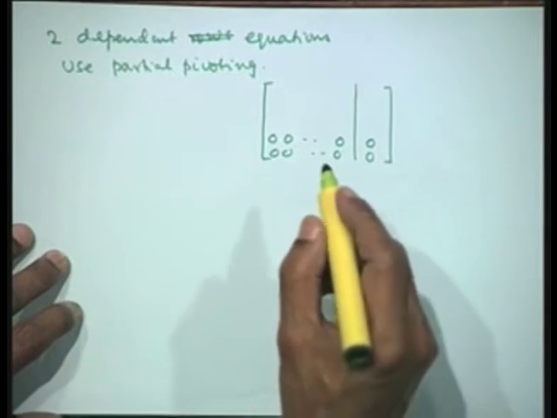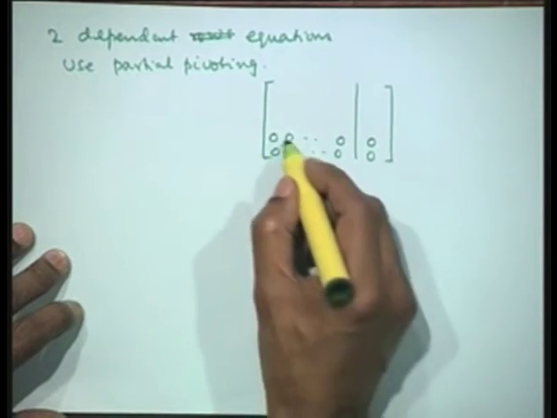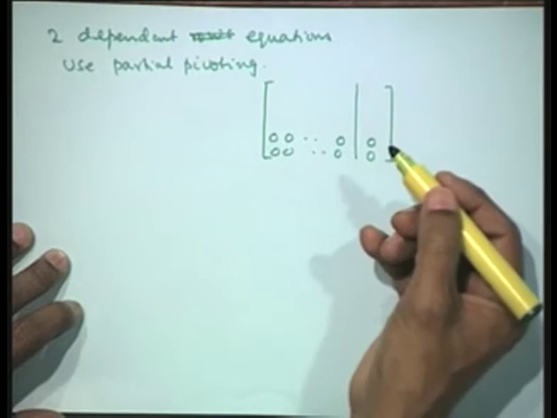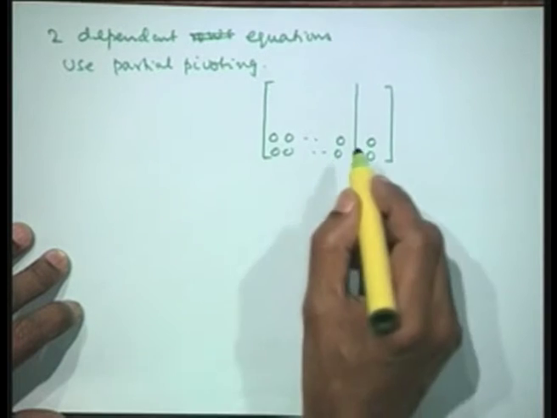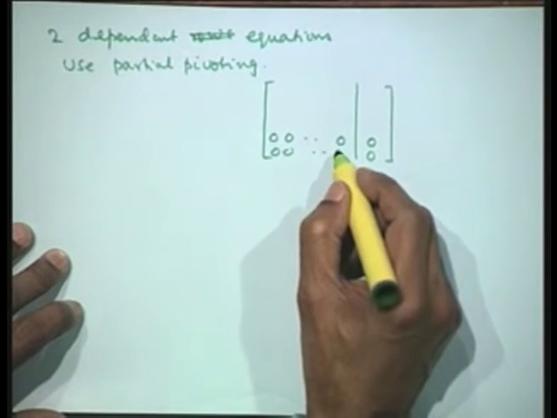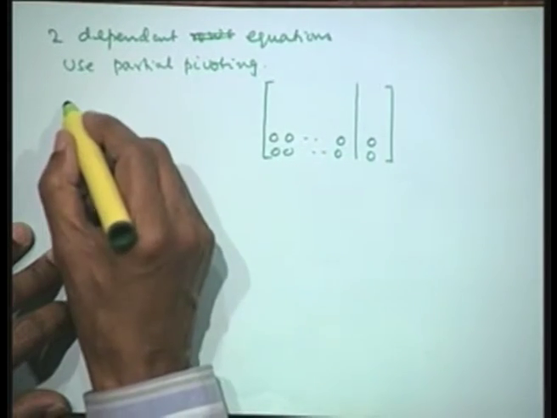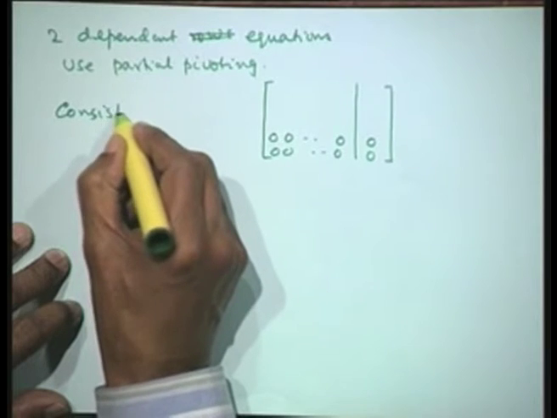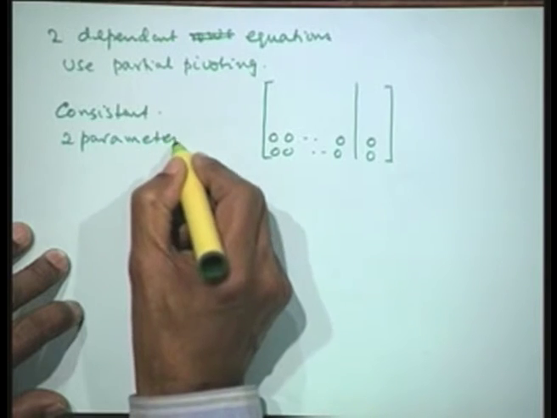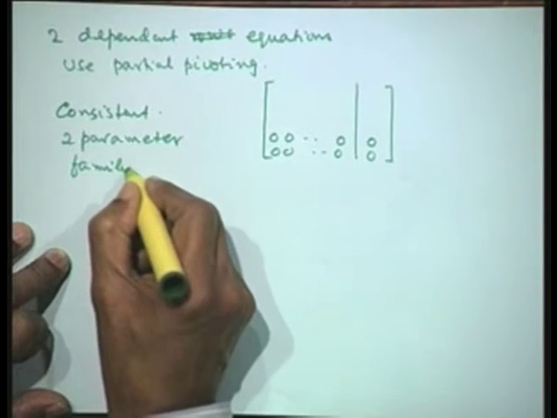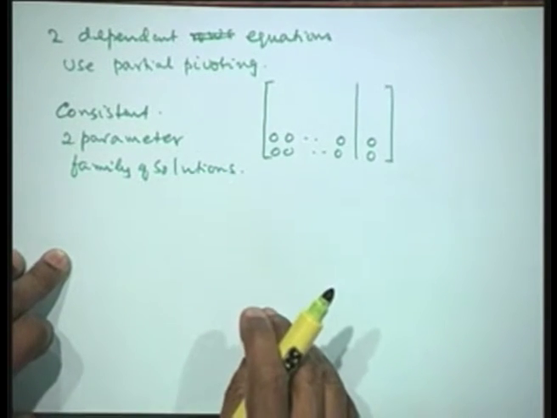So, the computer can automatically check the number of rows that have zeros by the index, and these rows will then tell us that many number of parameter family of solutions. So, this will tell that the system is consistent, and the number of rows in which zeros are produced is the order of the parameter family that we have. So, in this case the system is consistent and it has got a 2 parameter family of solutions.